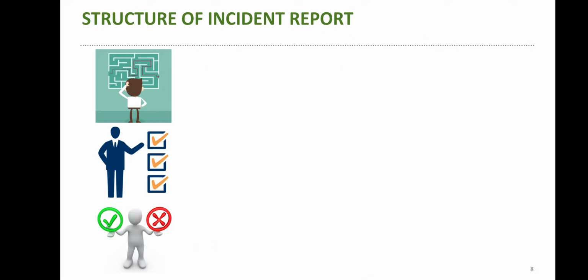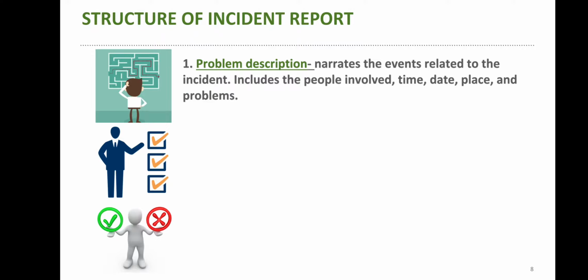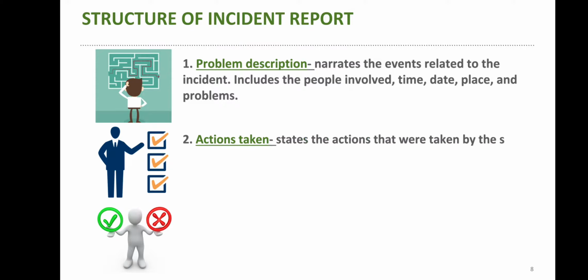So here is the structure of an incident report. First is the problem description. It is where you narrate the events related to the incident, includes the people involved, time, date, place, and problems. Next one is the actions taken after the problem description.